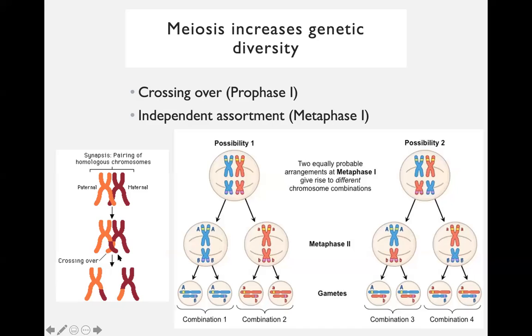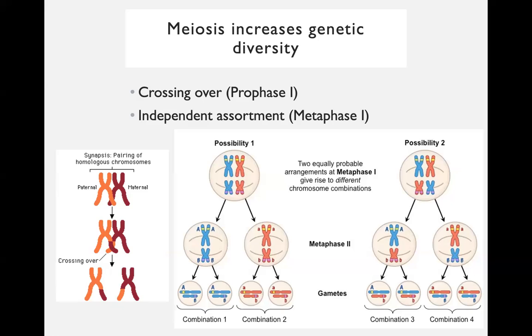Those sections have the same genes on them, but they might have different versions of those genes, or they might have the same versions. It's completely random. There's no rhyme or reason to where the crossing over actually happens. So crossing over is one big way that genetic diversity is introduced during prophase 1.